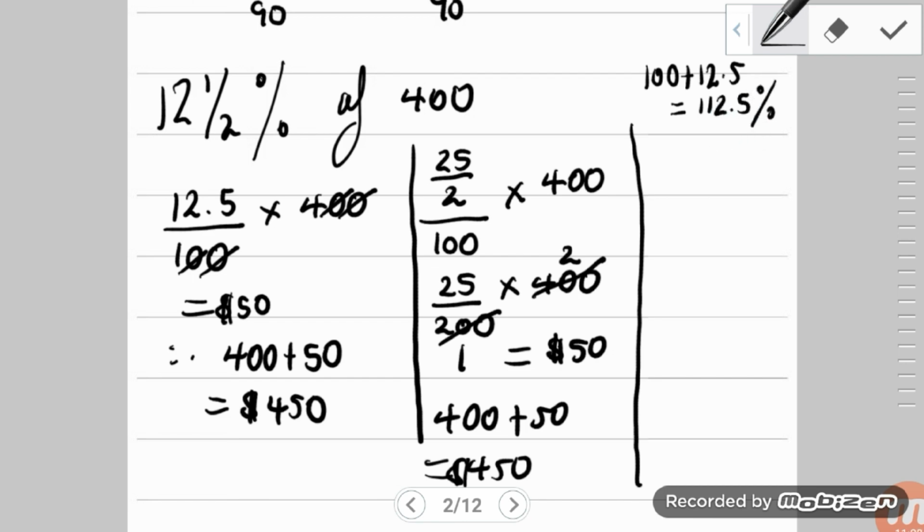So if I were to say 112.5 divided by 100 and then multiply this now by 400, then if I cancel here, if I multiply 4 by 112.5, I'm going to get the final result here of $450.